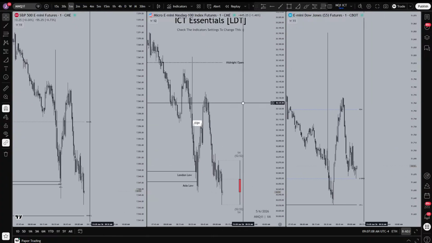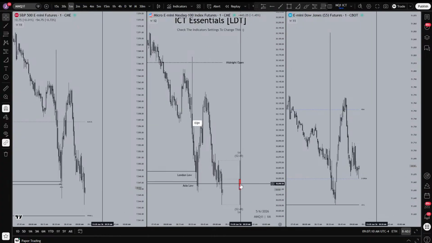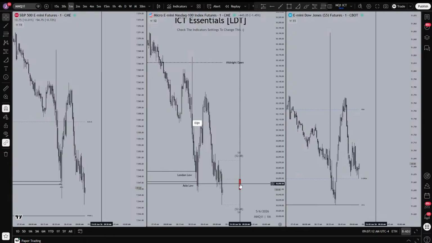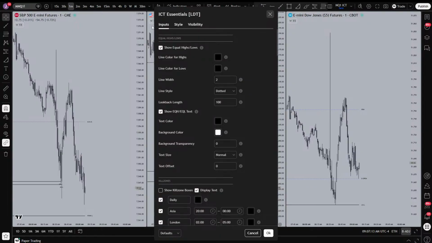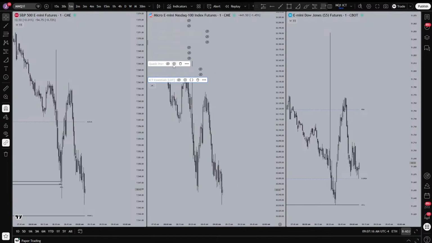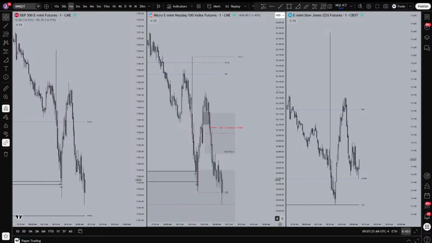It's actually not bad, but it's too big on the screen and stuff. It's not bad. Nah, Dodge's indicator isn't for free.